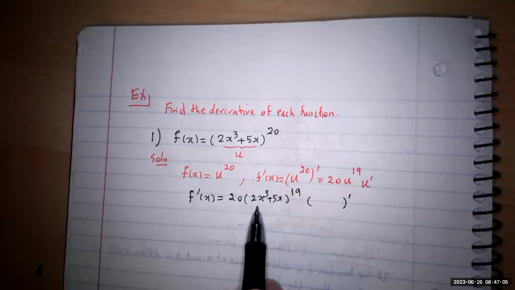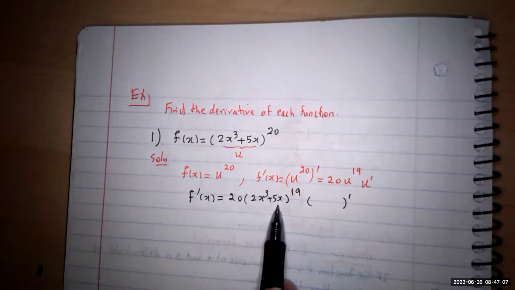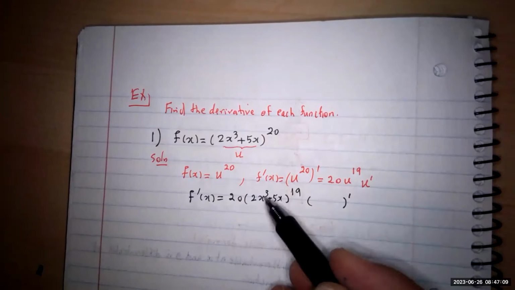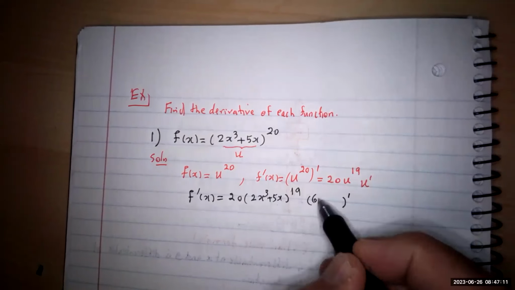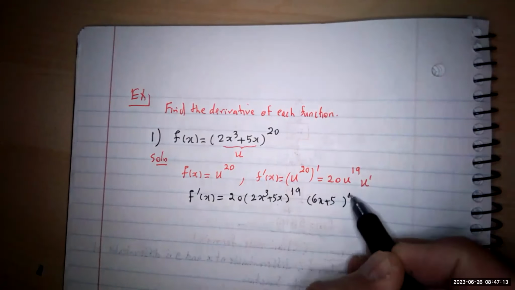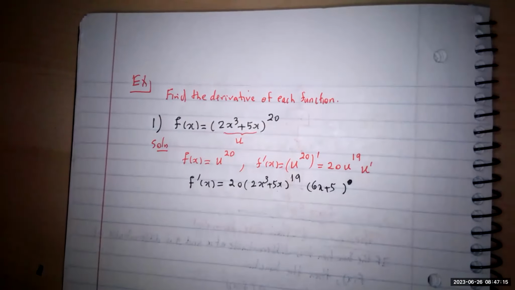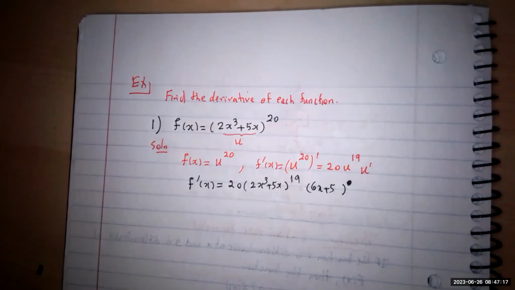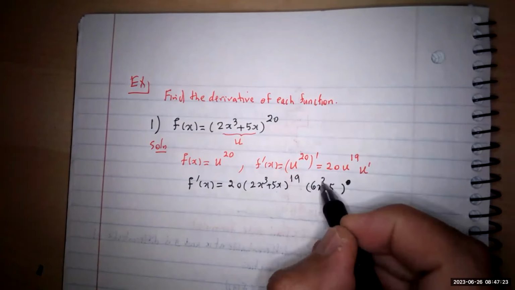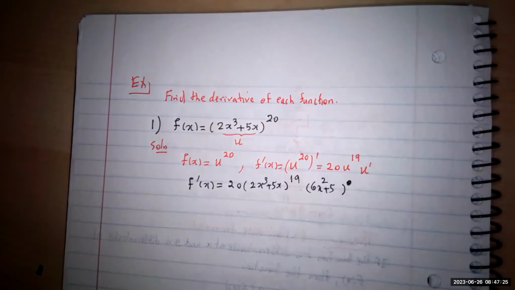Derivative of the inside. So what's going to be the derivative of 2x cubed plus 5x? It's going to be 6x plus 5. And you're done. Is it 6x squared plus 5? Sorry? Oh, yes, thank you. 6x squared plus 5, and then we're done.